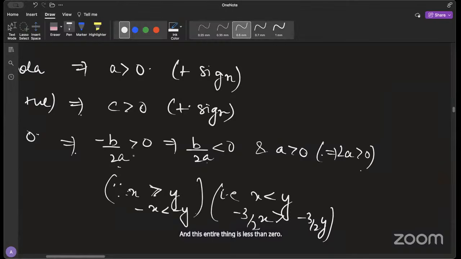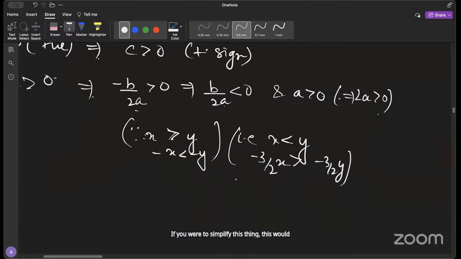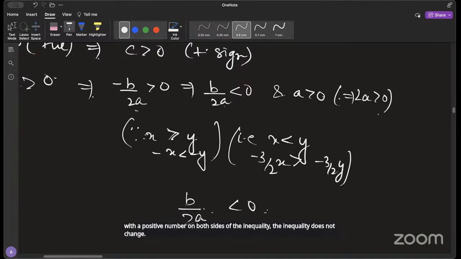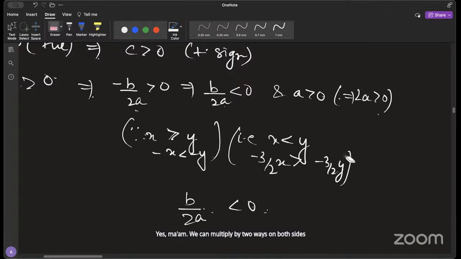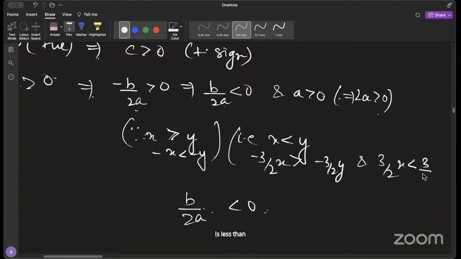If you were to simplify this, b by 2a is less than 0, and 2a is greater than 0. If you're multiplying with a positive number on both sides, the inequality does not change, right? We can multiply by 2a on both sides, and a is positive, that's why multiplying on both sides is not going to change the inequality.